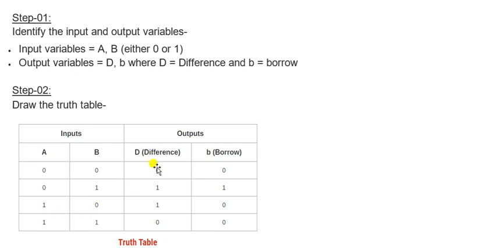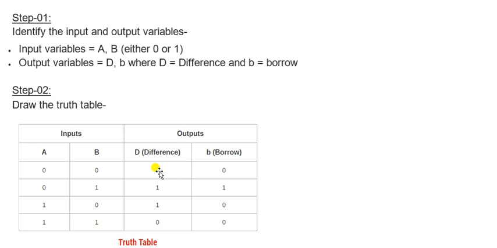Now next task, we want to generate these output values. For getting the entries for the difference for the respective combinations, you have to apply the binary subtraction rules.